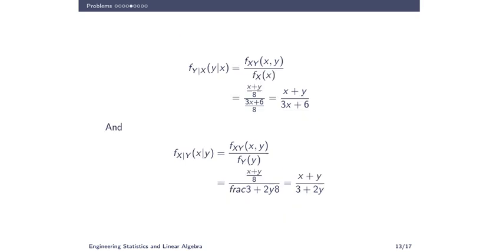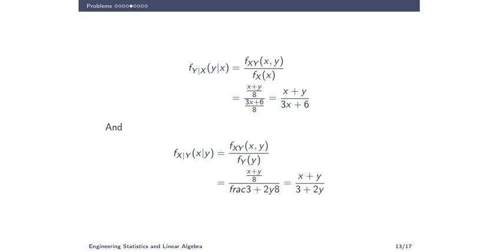Now our job is to calculate f(y given x), that is f_XY(x, y) divided by f_X(x). Remember, this equation has conditional equal to joint divided by marginal. So the joint is (x + y)/8, the marginal is (3x + 6)/8. So the two 8's cancel, and you have (x + y)/(3x + 6).